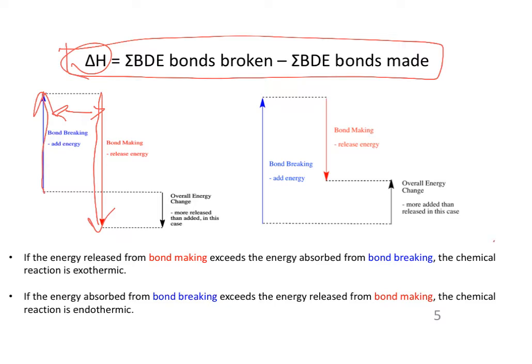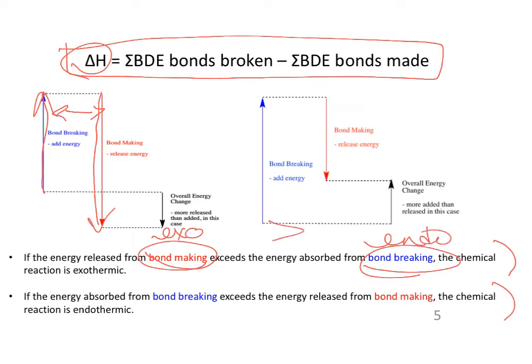So the wording that you might see, let's say on a quiz or exam, is at the bottom of the page, and you might want to read over that, make sure that wording makes sense to you, but all that's saying is if the energy from bond making, okay, which is exothermic, is larger than the energy consumed from bond breaking, which is endo, okay, so if exo wins, then overall the reaction is going to be exothermic, okay?